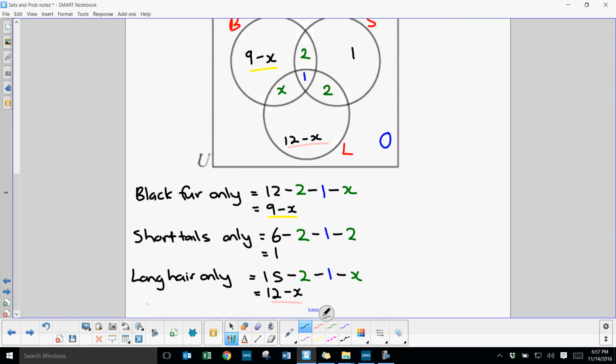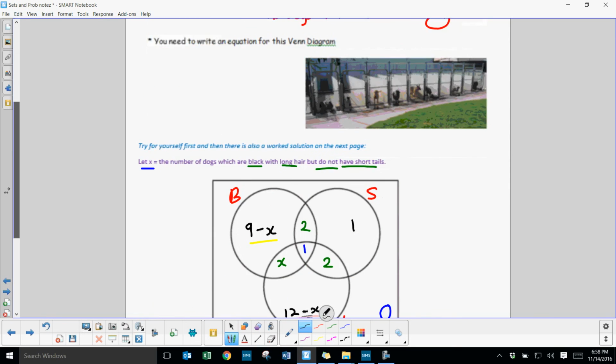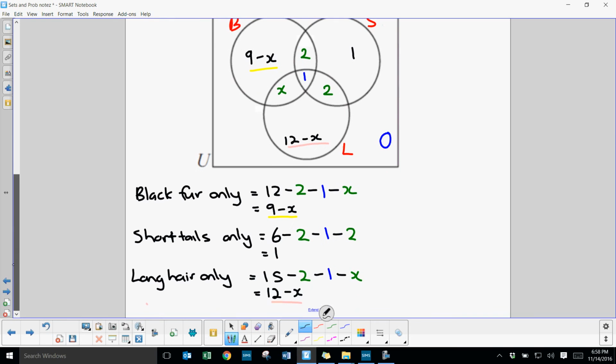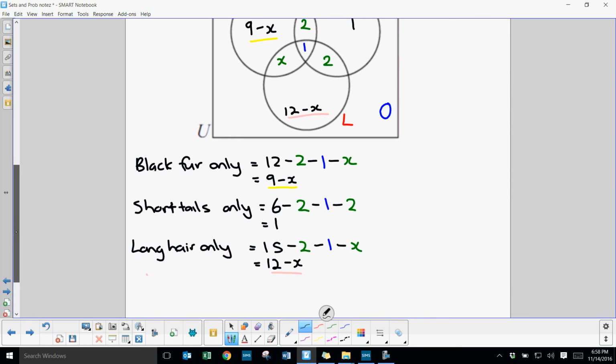And we know from the question that the total number of dogs in the kennel is 24. So again, we're going to make all of these expressions from the Venn diagram add up to 24. So I've got 1, 2, 3, 4, 5, 6, 7 things to add together and set equal to 24. So I just need to scroll down a bit. Here we go.